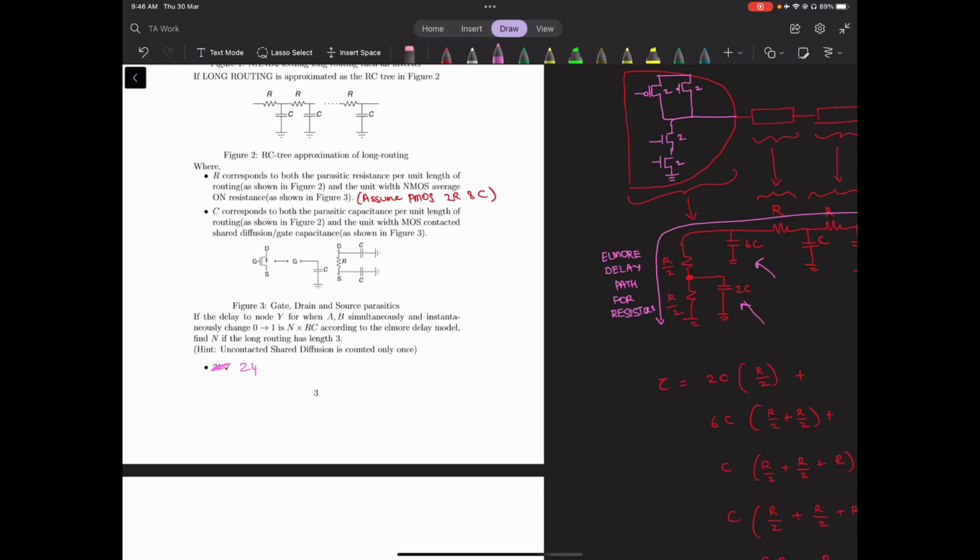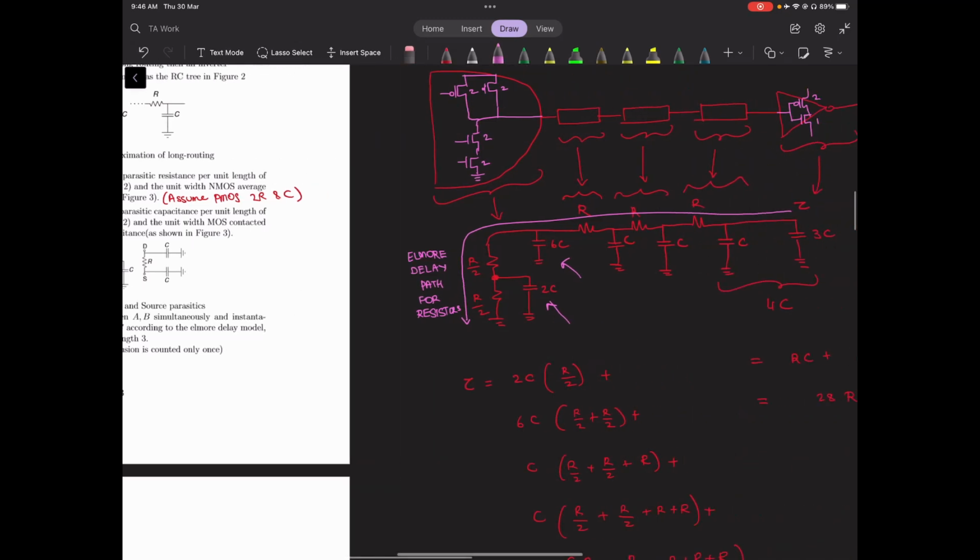So even though there are two NMOS transistors over here, each of size 2, it doesn't become 4C, because this capacitance, as mentioned in class, is shared diffusion. So you have only 2C over there.